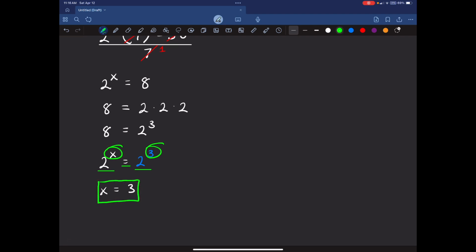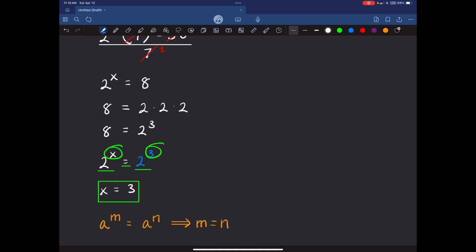And I'll just write beneath that the rule here. So if we have a to the power of m equals a to the power of n, then we can say that m has to equal n. And that makes sense, right? Because otherwise the equation wouldn't be true.